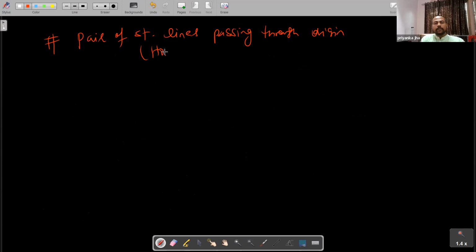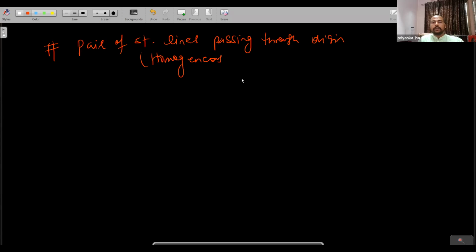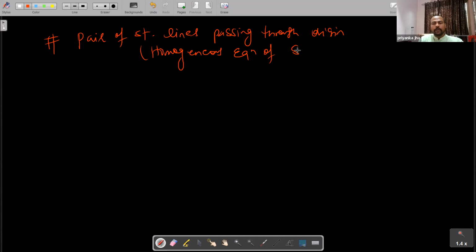All right. Okay. Now, next point is pair of straight lines passing through origin. This is also called as homogeneous equation of second degree.